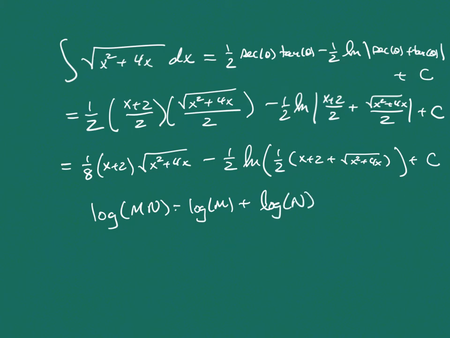So I could separate these out, only take my variables, and my natural log of 1/2 then gets absorbed inside my arbitrary constant.